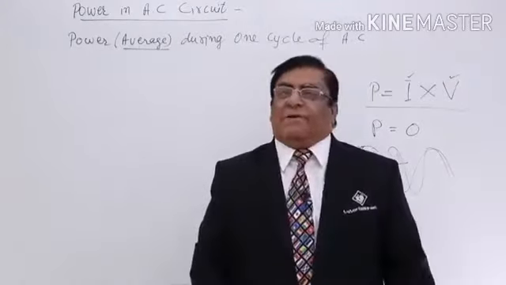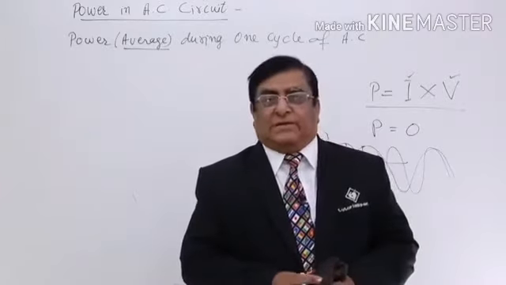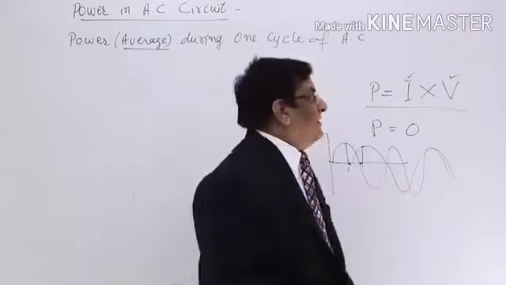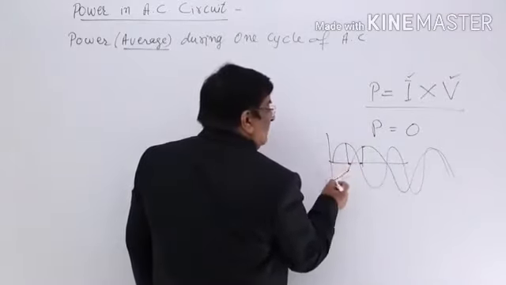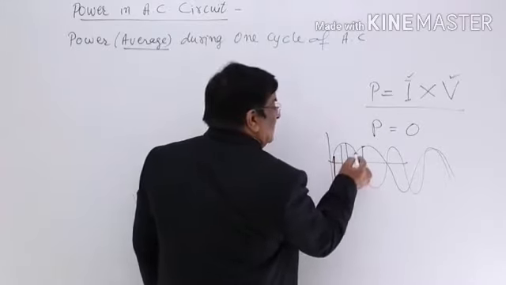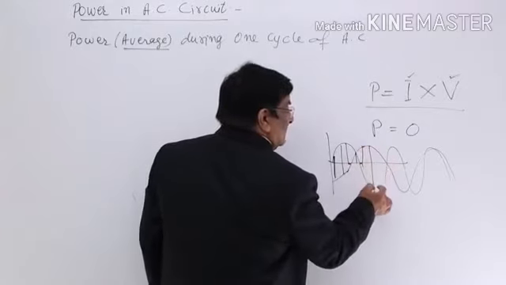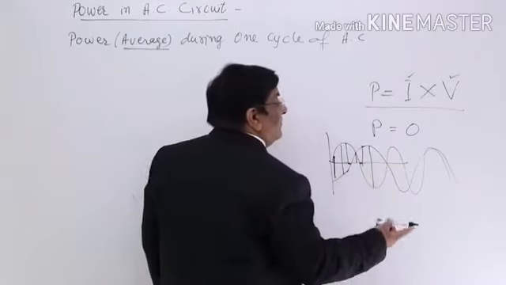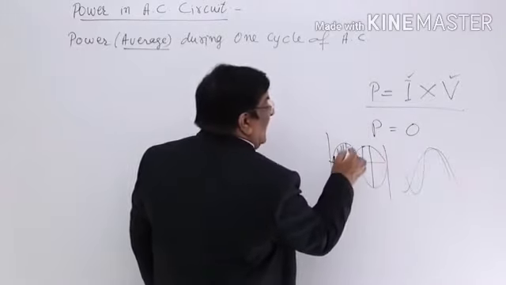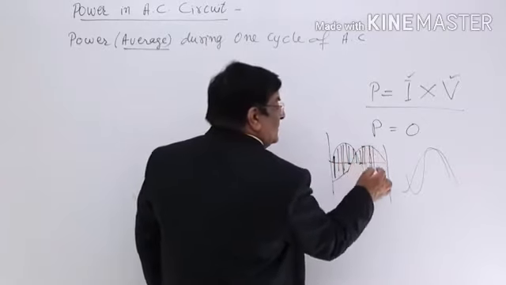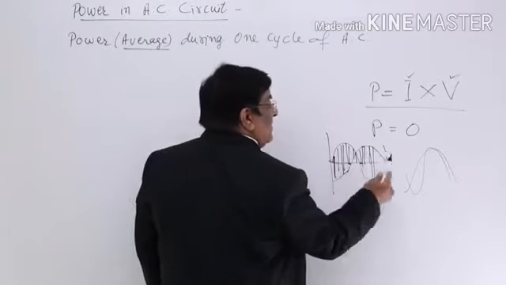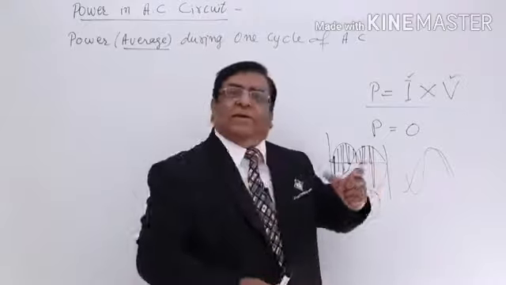The answer is, average will be the total work done during one cycle divided by the total time consumed in one cycle, because at any one time the work done is different, at another time the work done is different. So how will we find the average? Answer: do the calculation for all these works, add them up, and then divide by time. When you divide the total by time, you will get the average.